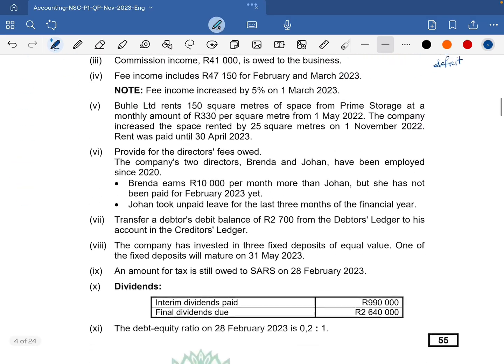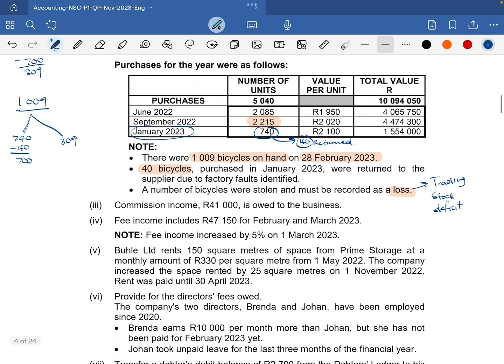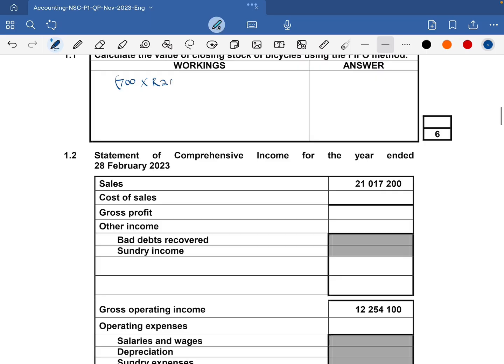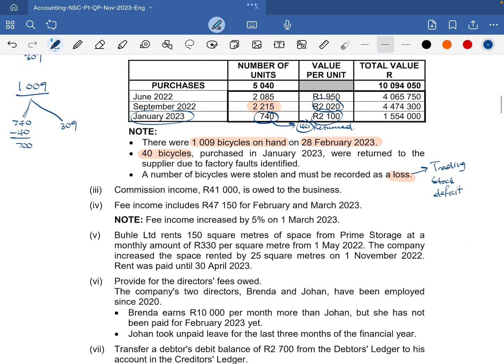So for the value of stock, we have 700 units from Jan that were bought, and their cost was 2,100 per unit, plus the 309 units that were bought in September. The cost per unit is 2,020.